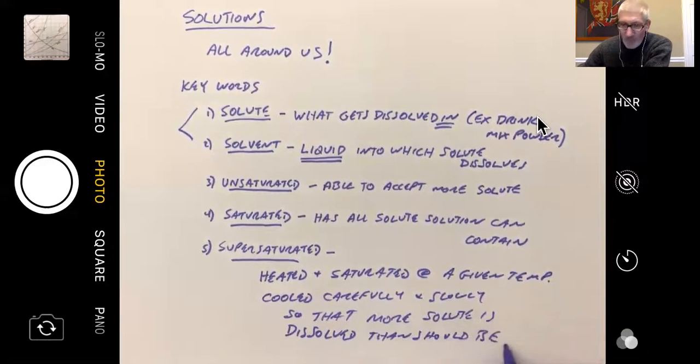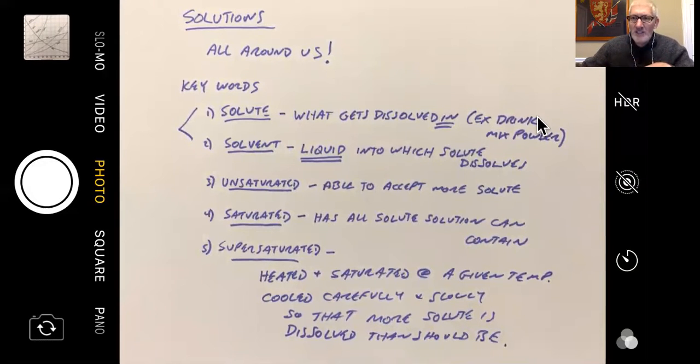This is one that we don't usually have a lot of everyday experience with because they're just strange. But as long as we have these words, we're going to be able to tackle the meat of today's work, which is what we call a solubility chart.